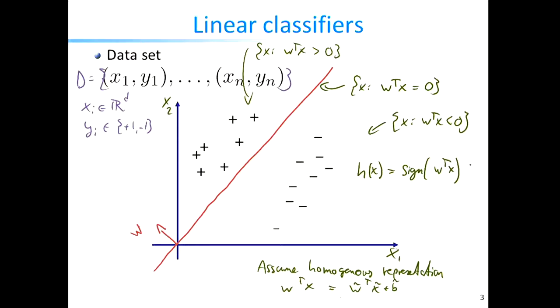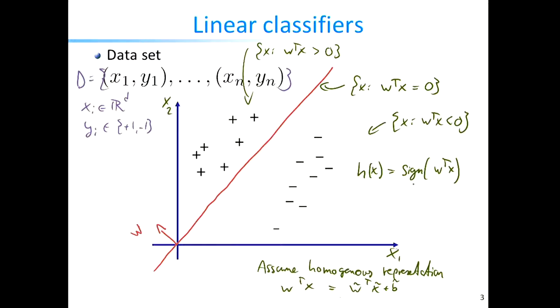We essentially use a linear function, W transpose X, the same kinds of functions we've been discussing all the time in the context of regression. But the difference to regression is that we don't just take the output of that function as our prediction, we apply the sign function to it. So we threshold it to get this binary prediction.